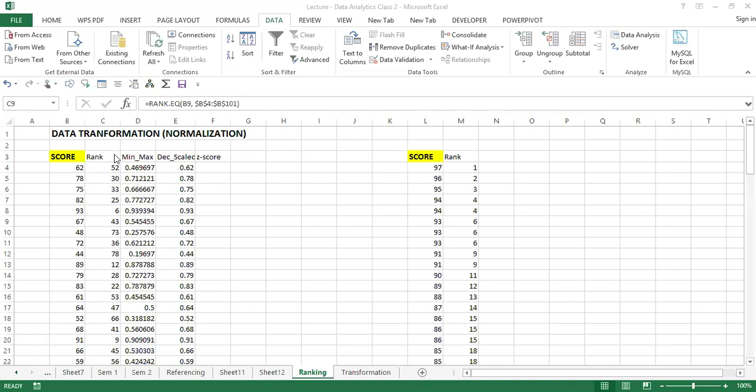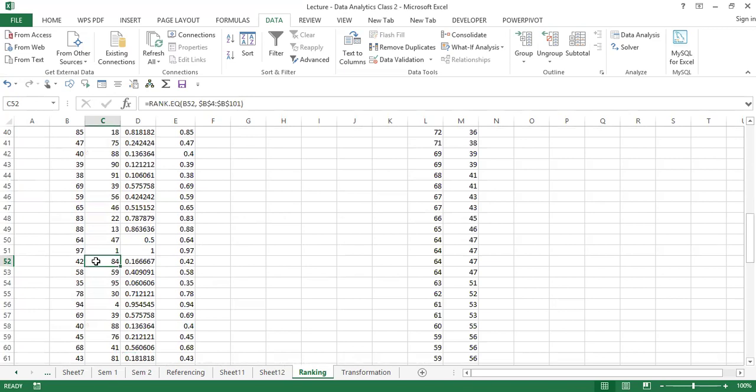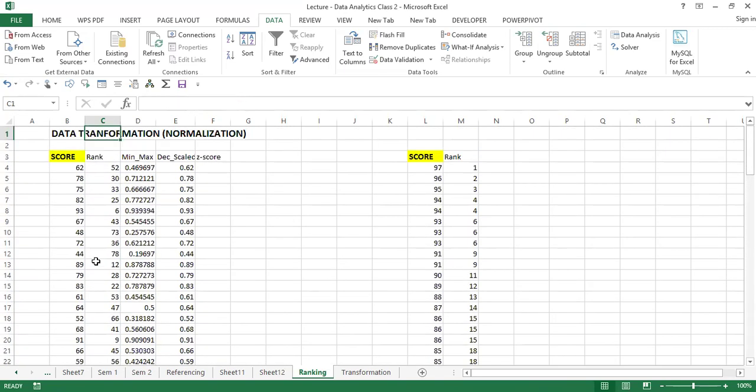Now, when we explained this, I mentioned something. I said, technically, when you do ranking, there's no transformation as such. I don't know if anyone remembers that, technically speaking. It just positions them. It's just a measure of position. It just arranges these scores into their respective positions. That's what ranking does. Okay.